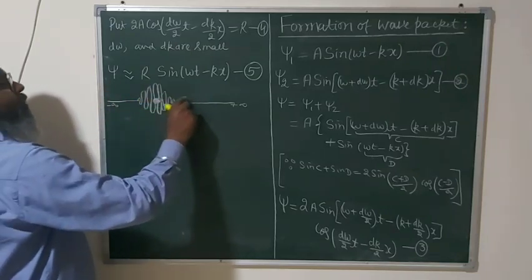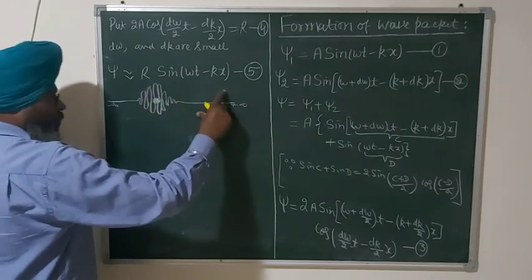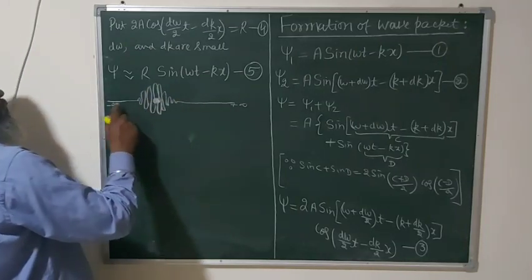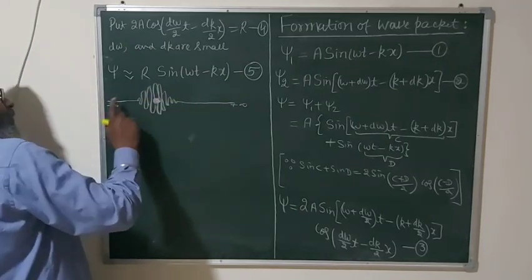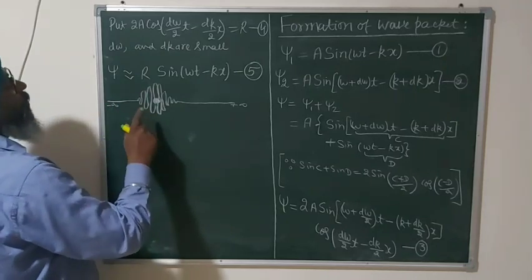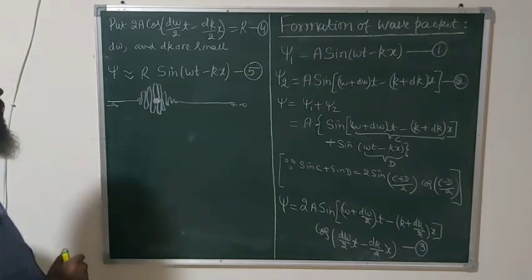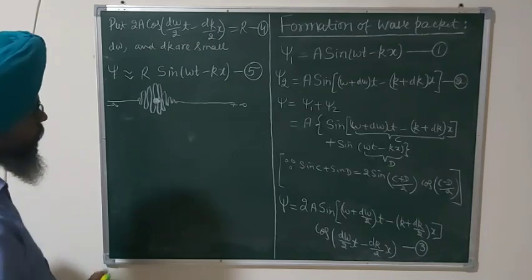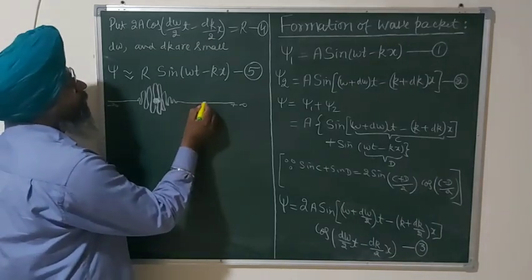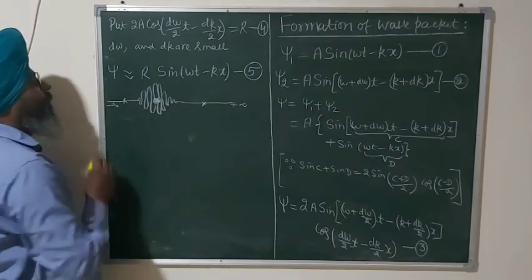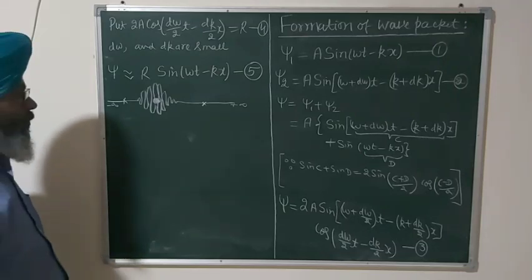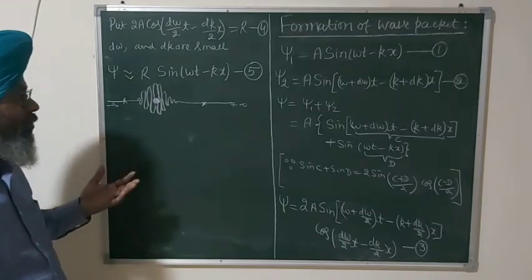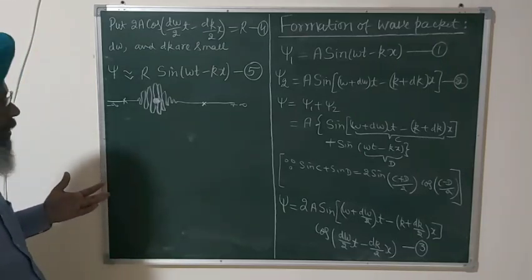If the particle goes ahead, the wave packet has to go ahead. If the particle goes backward, the wave packet has to go backward. Why? Because the probability of finding the particle is proportional to the square of the amplitude. Right now the amplitude at this point and this point is 0. So therefore the particle's probability should also be 0 at all these points.